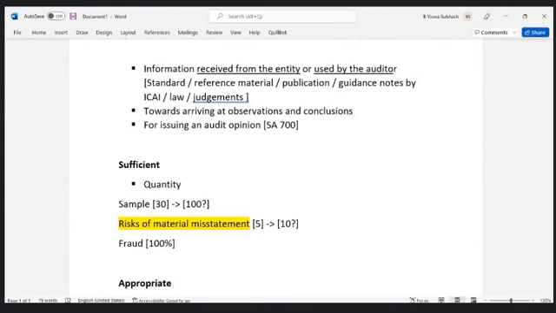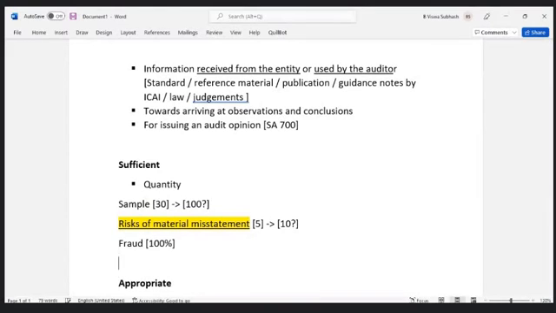So sufficiency is always based on the risk of material misstatement. If there is a risk of material misstatement, we will check whether we have covered all those areas, and whether the documentation we have observed, 30 or 100, whatever it is, is enough for supporting our conclusion or not.